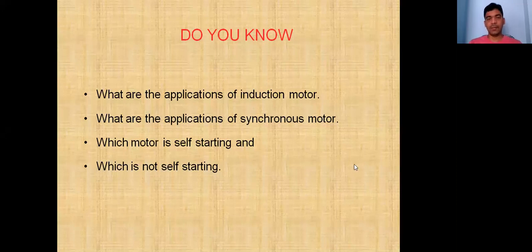Synchronous motor has two different applications: power factor improvement and mechanical load. It has low speed applications. Induction motor is a self-starting motor. Synchronous motor is not a self-starting motor.